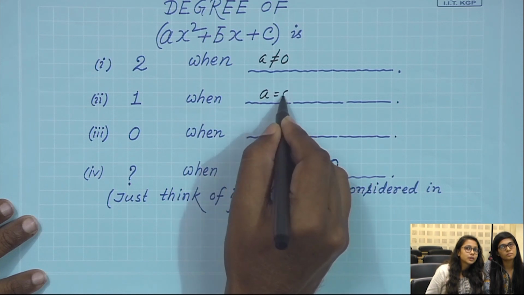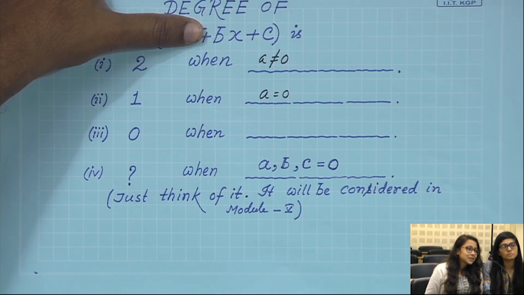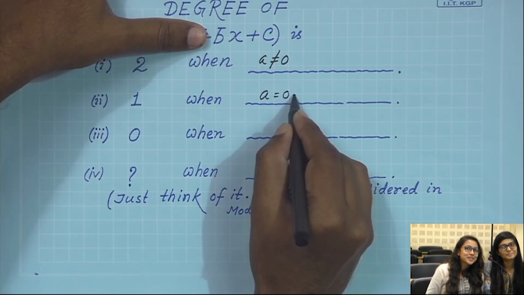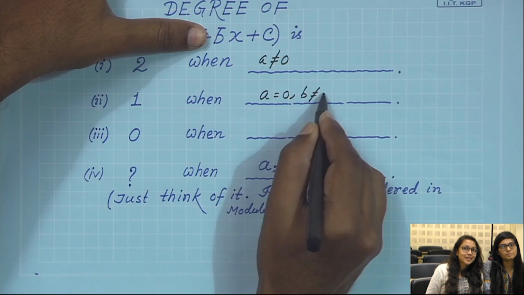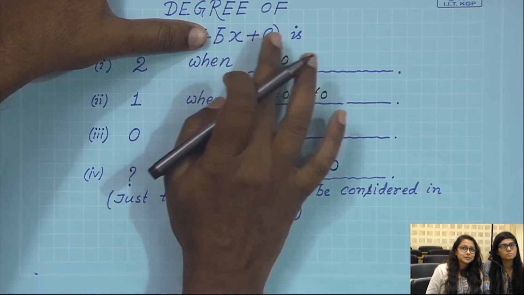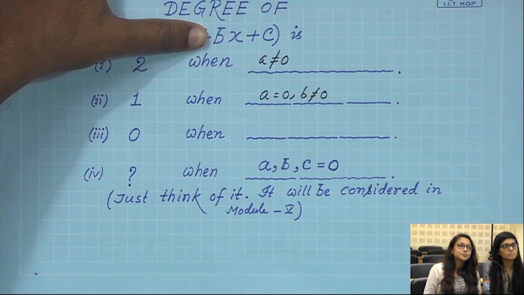If we make a 0, then the polynomial will be reduced to b x plus c. b must not be 0, for getting the term b x to be present here, and then 1 will be the maximum of the indices of the powers. Here the indices of the powers are 1 and 0, because c can be written as c x to the power 0, and the maximum is 1. Therefore, the degree would be 1.